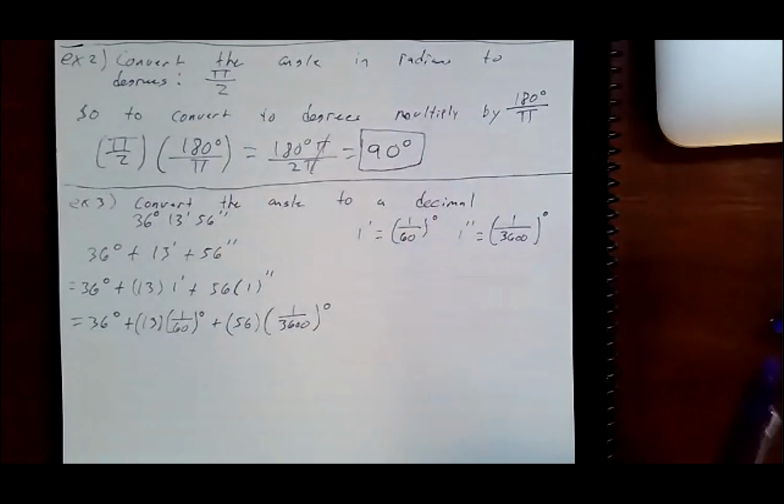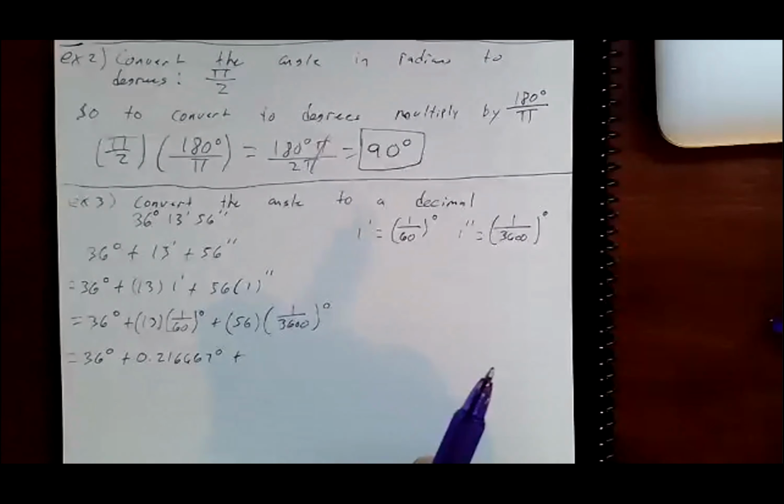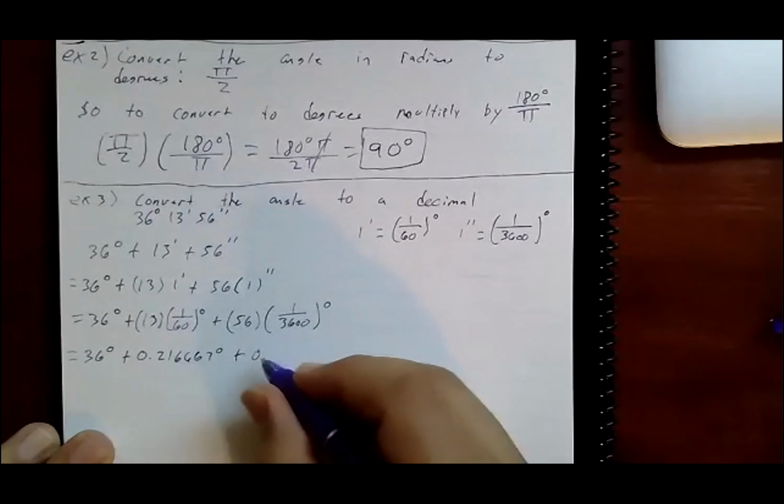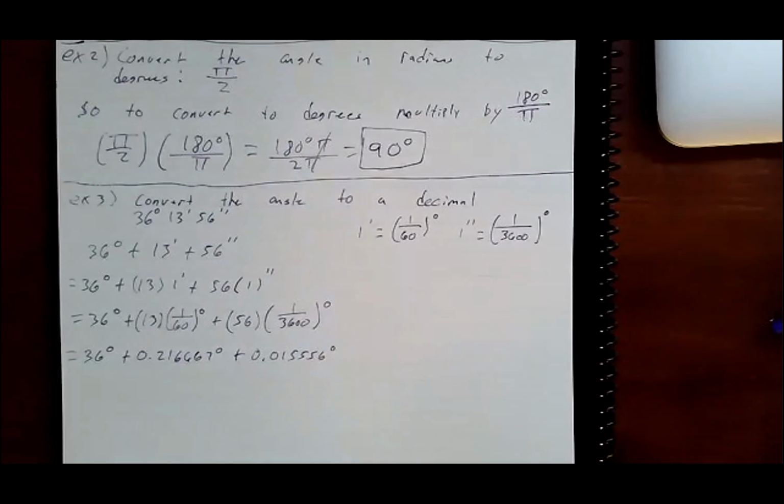And grab my calculator. These numbers will be rounded. 56 divided by 3600 is 0.015556 degrees. So add this up and round, see what we get.